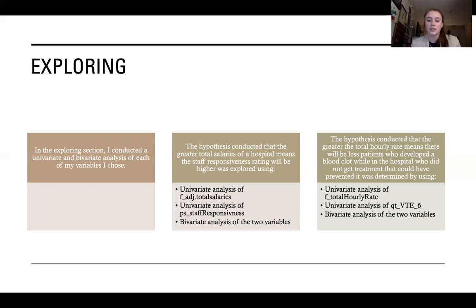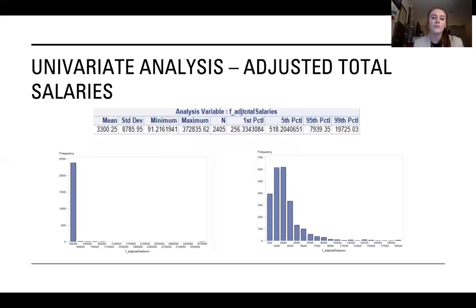And for the second hypothesis, I conducted a univariate analysis of total hourly rate, which is the financial variable, and a univariate analysis of the QT VTE6 variable, the patients who developed blood clots, and a bivariate analysis of those two variables.